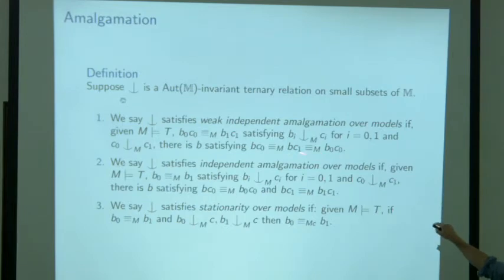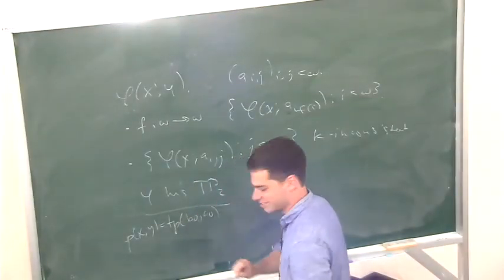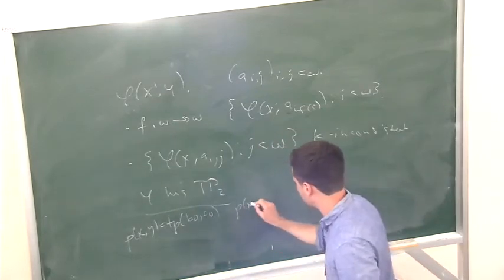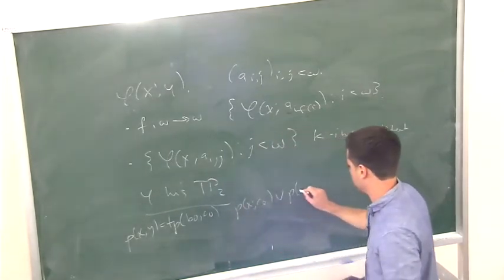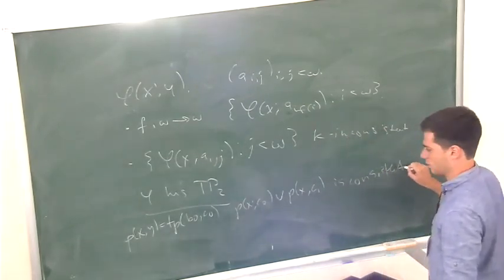Maybe one way of saying this is that I let p(x, y) be the type of B0, C0. Then what I'm saying is that p(x, C0) union p(x, C1) is consistent. This is equivalent.